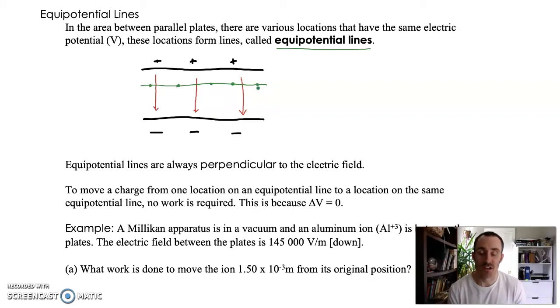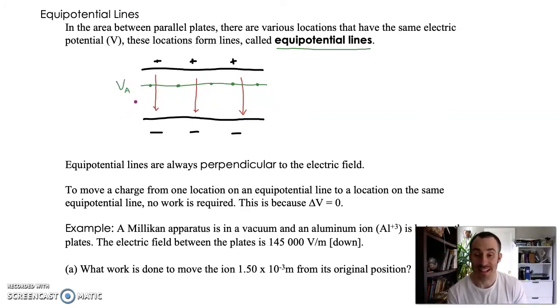This position over here has the same potential as this position over here. If you move a charge from here to here, it doesn't actually take any work. You're not moving it with or against the field. You are just moving it to another place in the field that has exactly the same potential. So a charge that you place over here has the same energy as a charge that you place over here. So this would be called an equipotential line. We can call this voltage A.